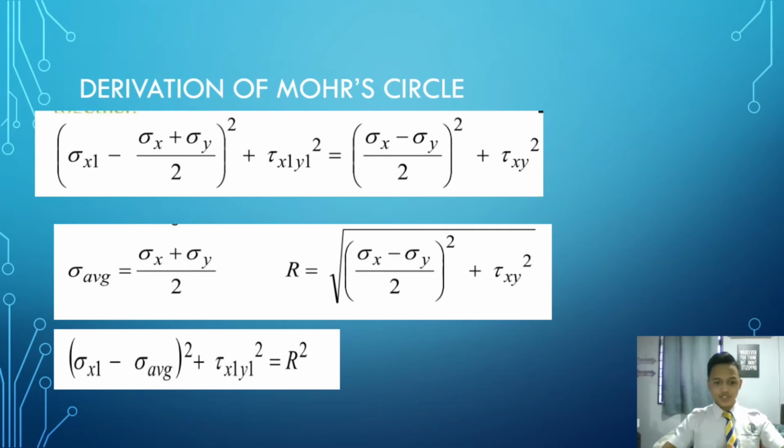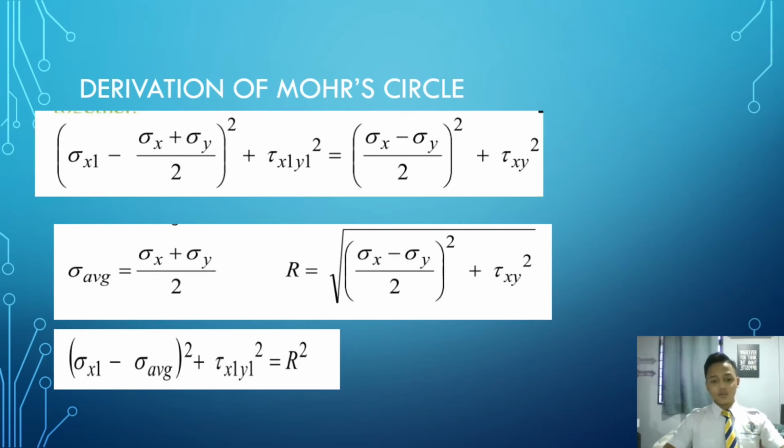Let's see the equation. Bracket sigma x1 minus sigma x plus sigma y over 2 bracket to the power of 2, plus tau x1y1 to the power of 2, equals bracket sigma x minus sigma y over 2 bracket to the power of 2, plus tau xy to the power of 2.